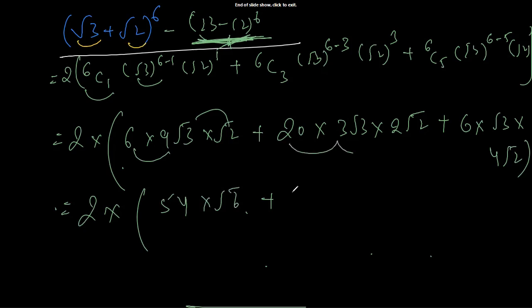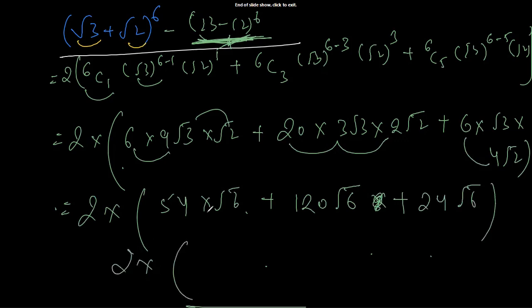Then 20 times 3 times 2, 20 times 3 is 60, 60 times 2 is 120 root 6. Irrational numbers you can't multiply with the rational one. Then plus 6 times 4 is 24, and this is also root 6. So 2 times, because these all are like terms, because everyone has root 6 as the irrational number.